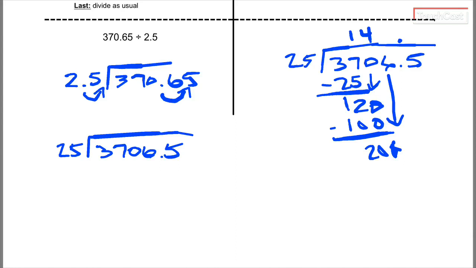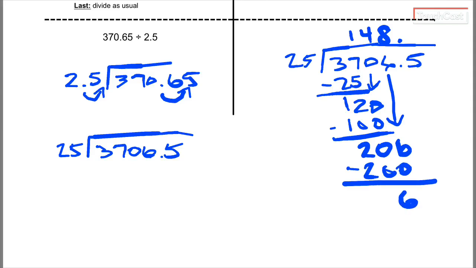Sorry about that. Let's fix that mistake. Alright, we have our remainder of 20. We bring down our 6. 25 goes into 206 8 times. 8 times 25 is 200.